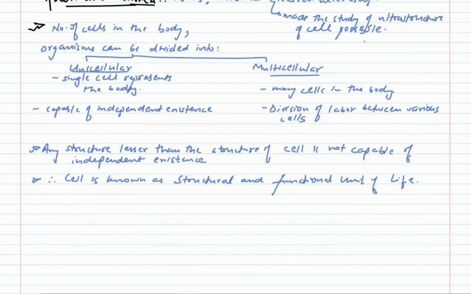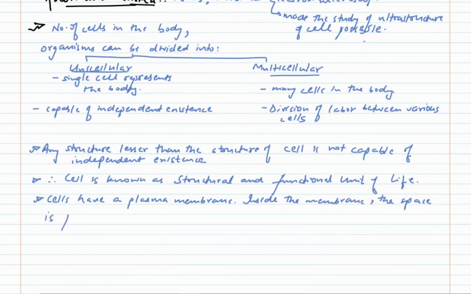Now, cells have a plasma membrane. Inside the membrane, the space is filled by a semi-solid gelatinous material which is known as cytoplasm.